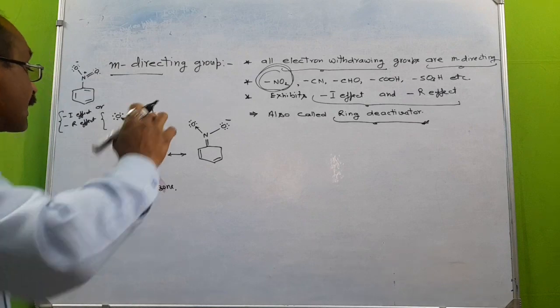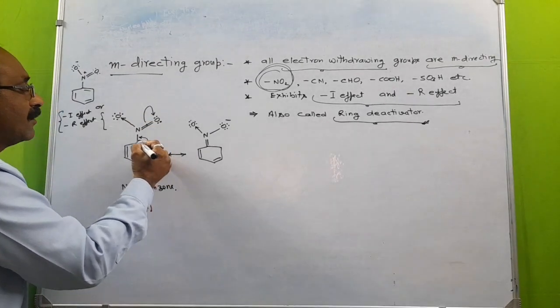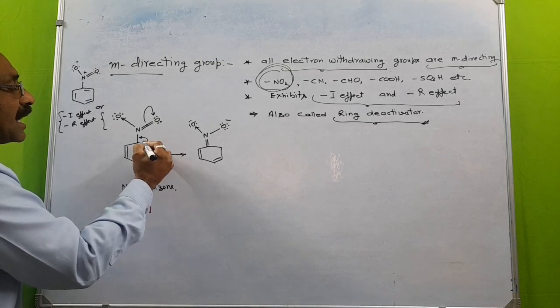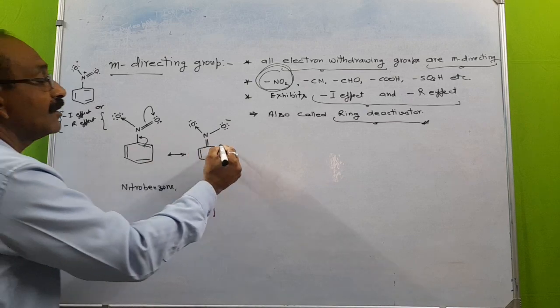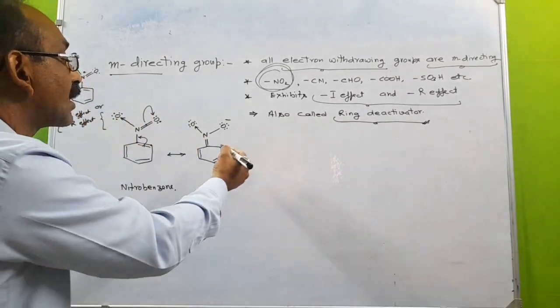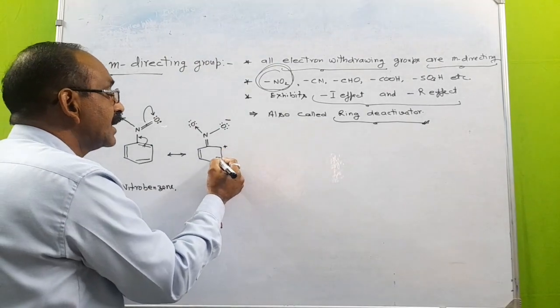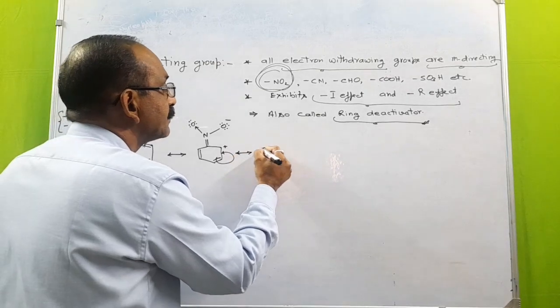Is it clear? See, in this bond there are two electrons and one of this carbon. Because this carbon has lost its electron, it will become electron deficient with a positive charge. Now in order to compensate the positive charge of this carbon, these two electrons will shift here. We'll get another resonating structure.